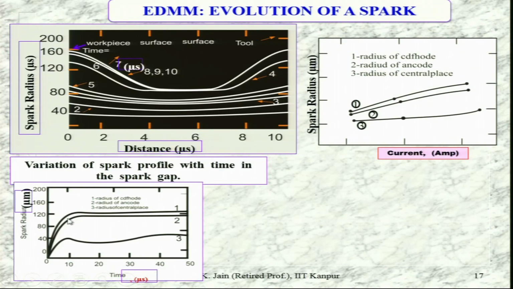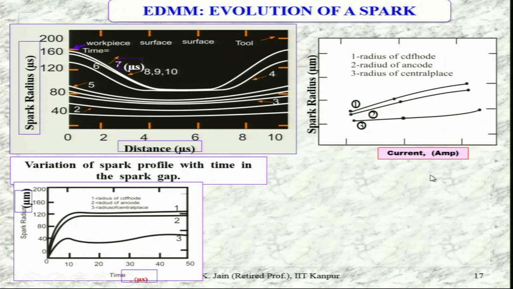Now, you can see here time and spark radius at different locations. Say we have the cathode, we have the anode, and you can see at 1 this is the cathode radius varying with time, and this is the anode radius varying with time, 2, and this is the radius of the central plane, and that is varying with time. So, this was studied theoretically by Prem Shankar and others. Now, spark radius, how is it changing with current?